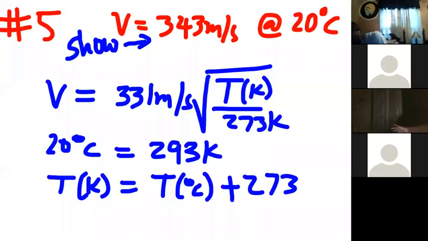Yes. Okay. So once we've converted this to Kelvins, we just need to plug it into the equation. Where we have T in Kelvins, we're going to replace it by 293.